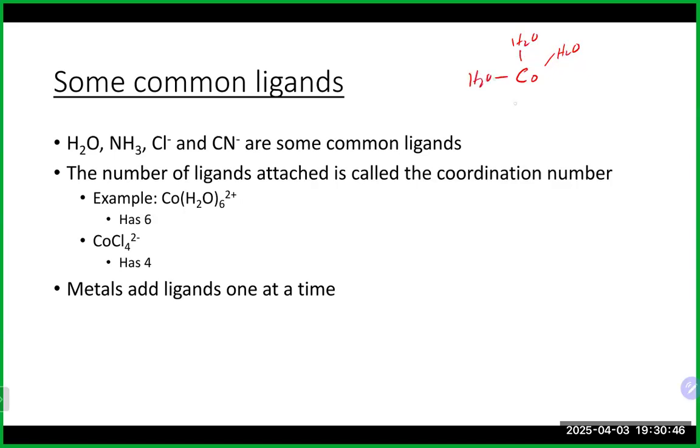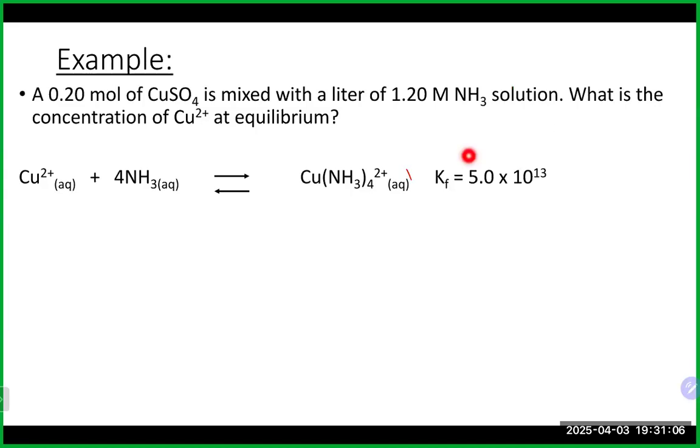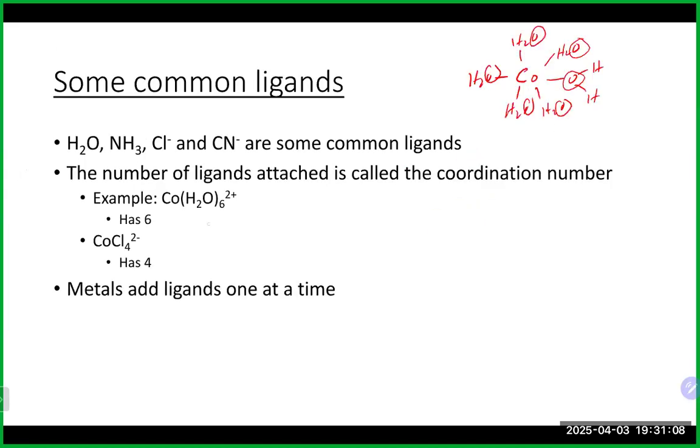I'll just draw one correctly here, and one more. It is actually attached through the oxygen. There are 6 oxygens attached directly to the metal, and that would give it a coordination number of 6.